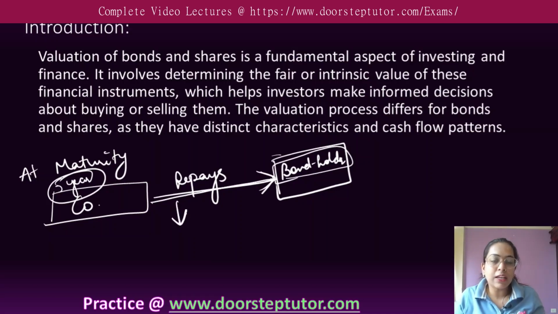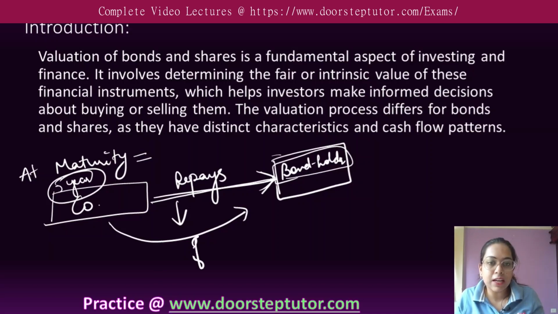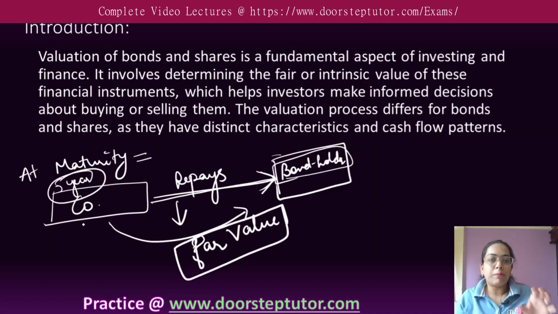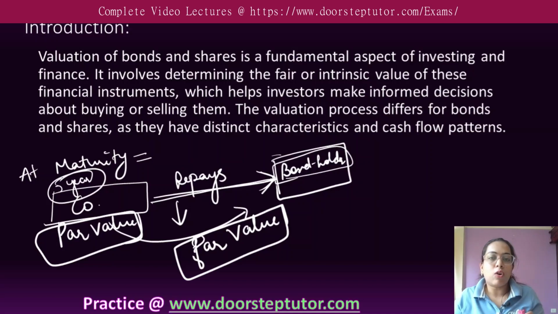The value that the company pays at the time of maturity is termed as par value. The money which the holder or the investor pays is known as face value.